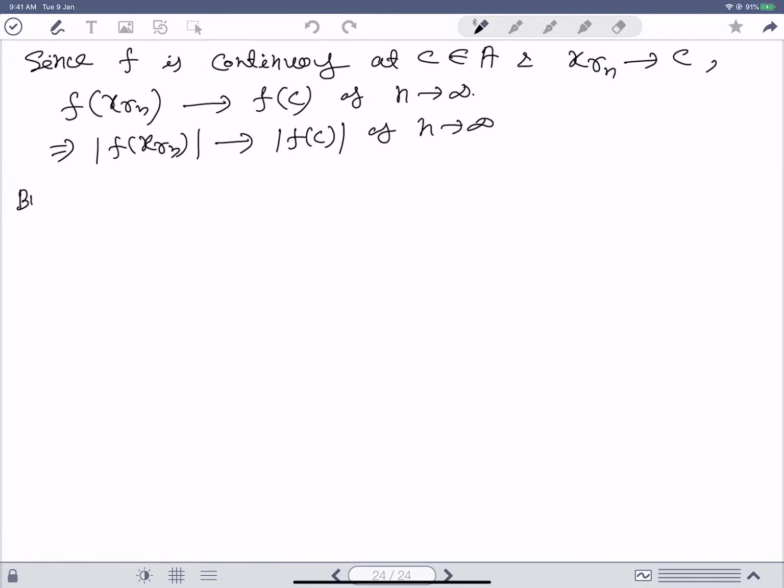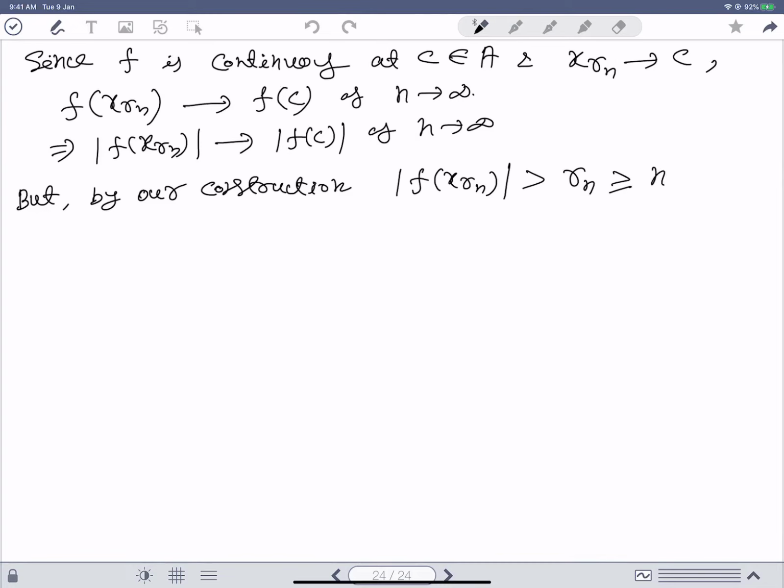But by our construction, what was my f of x_rn? That f of x_rn was strictly bigger than the number r_n, right? And this is strictly bigger than or equal to n, right?